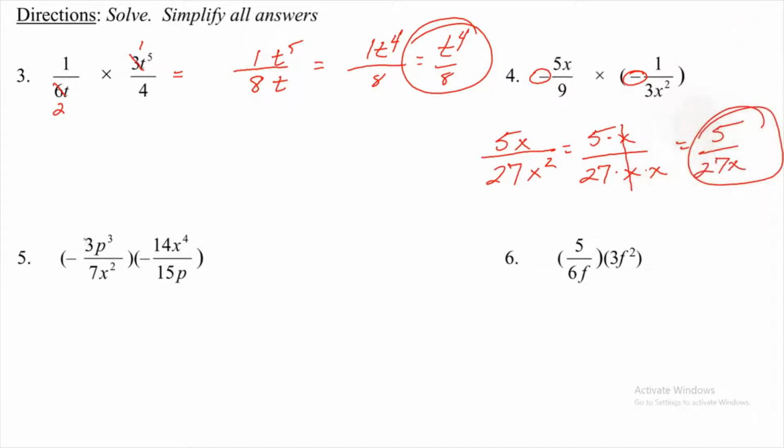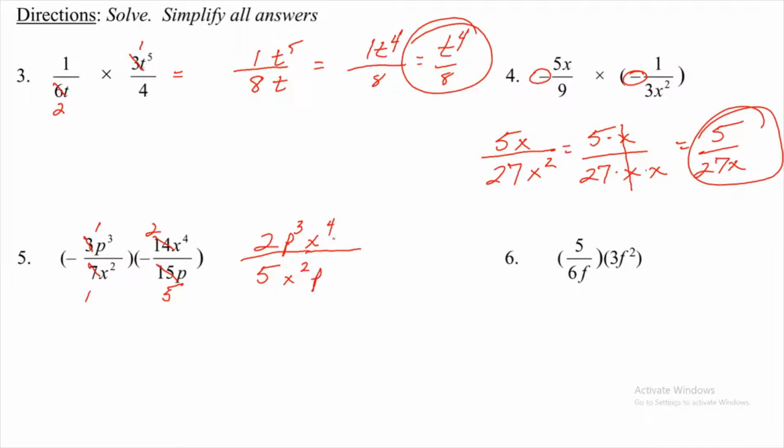Okay, number 5, cross simplifying. 3 and 15 are going to become 1 and 5, right? 7 and 14 are going to become 1 and 2. So my numerical value is 2/5. Now, my variables, I've got 3 p's on top and 4 x's, and I've got 2 x's in the bottom and 1 p.